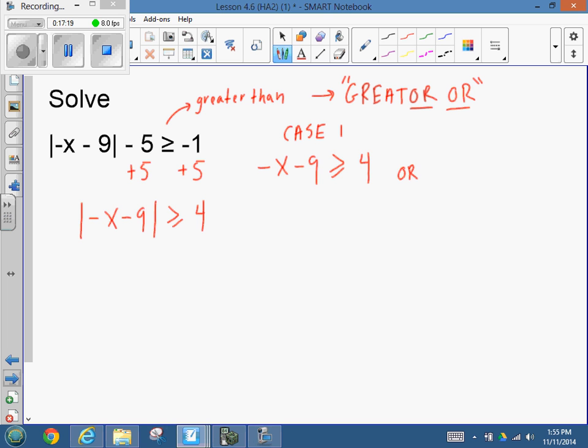Or case 2 could occur as well. For case 2, we are going to copy what we have inside the absolute value. We are going to switch the sign that we started with originally. And we're also going to change the sign on 4.